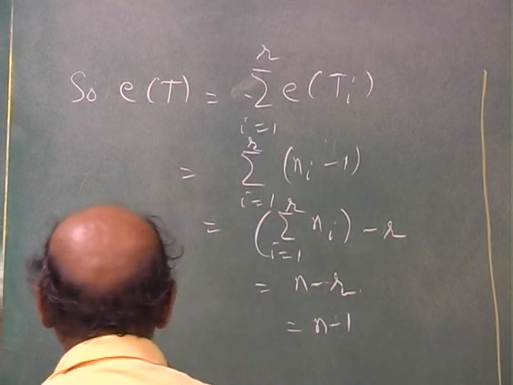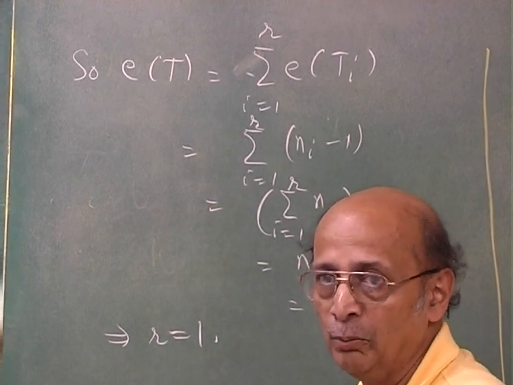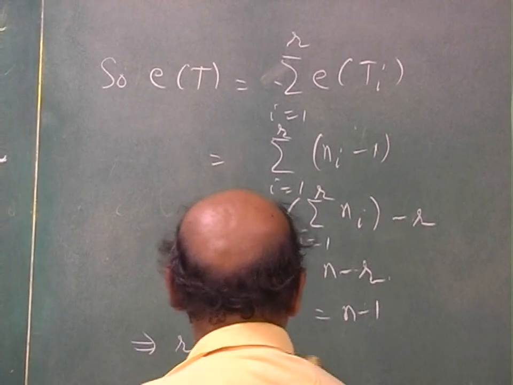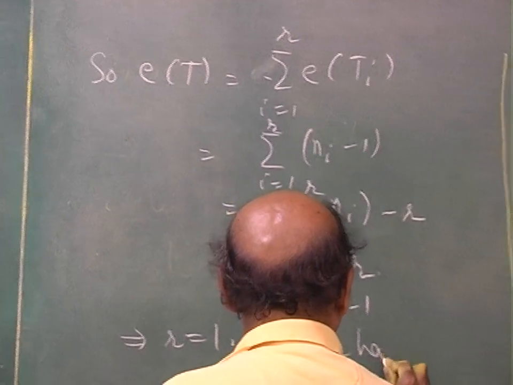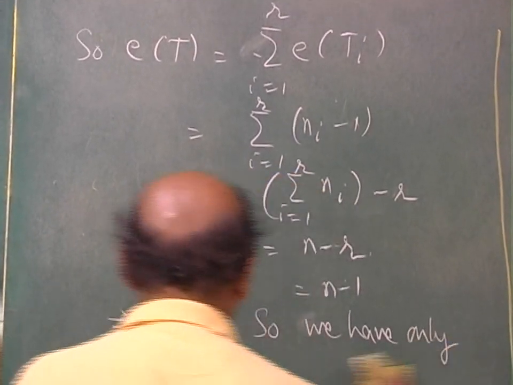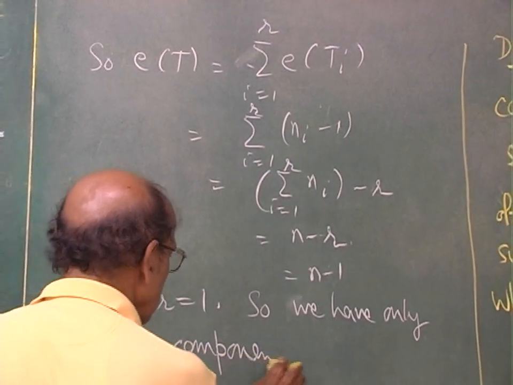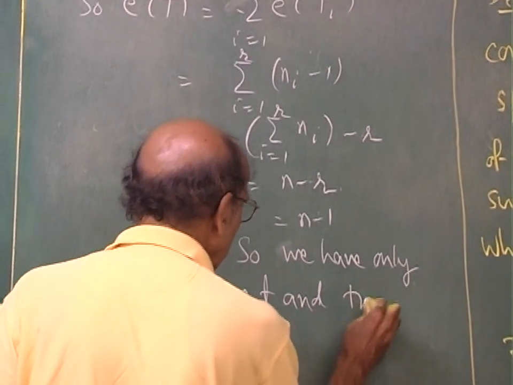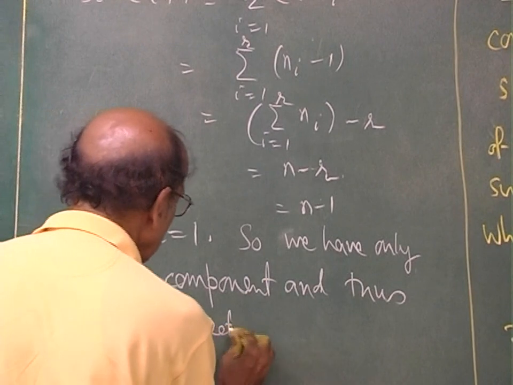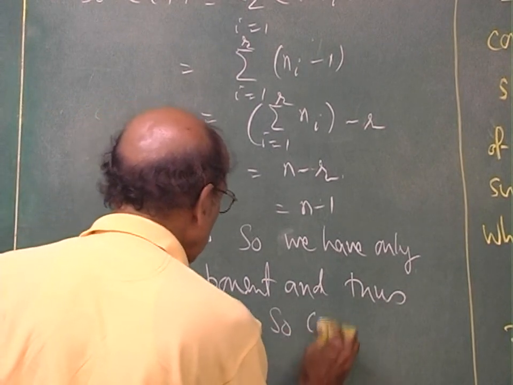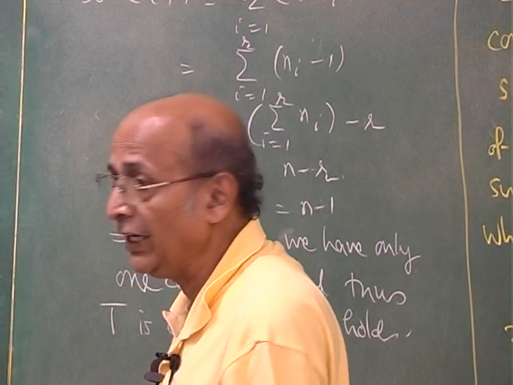That implies that r is equal to 1. That means there is only one component, and thus T is connected. So 1 holds. Alright, so 1, 2, 3 are equivalent to each other.